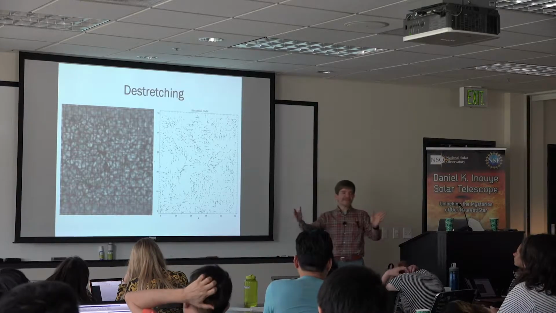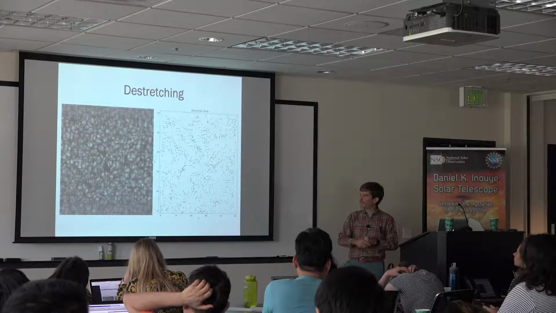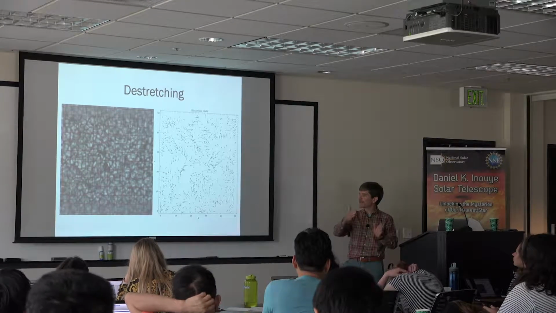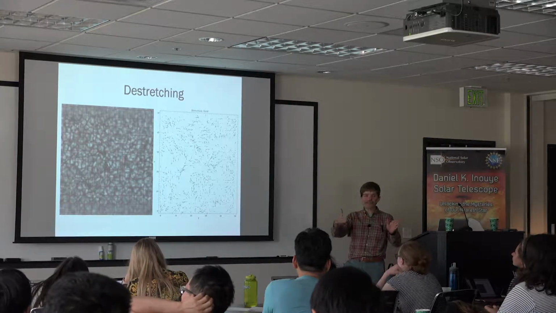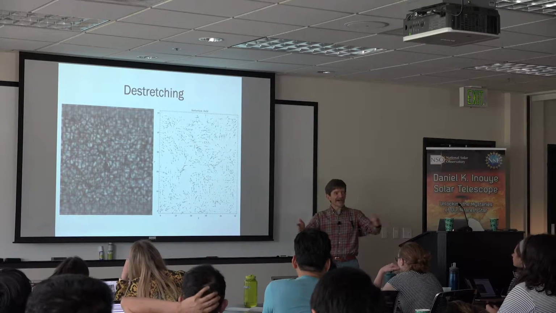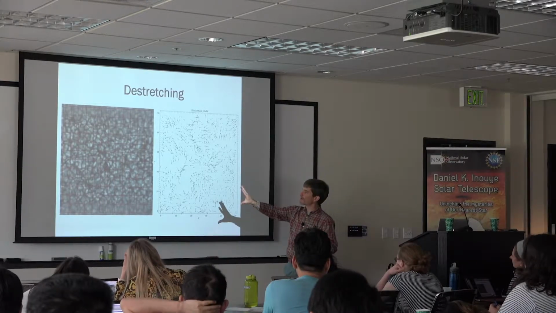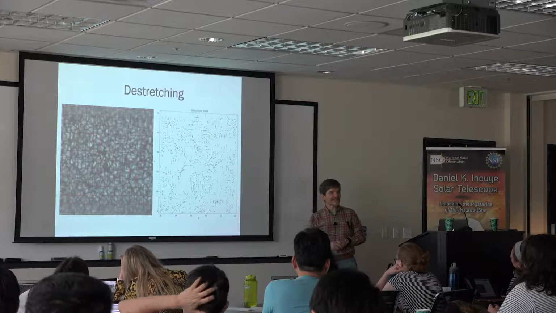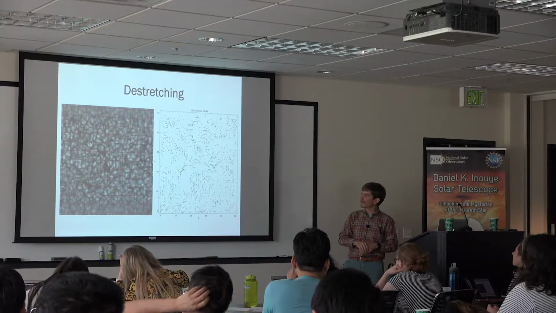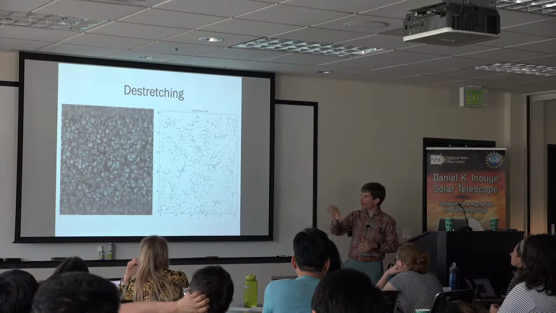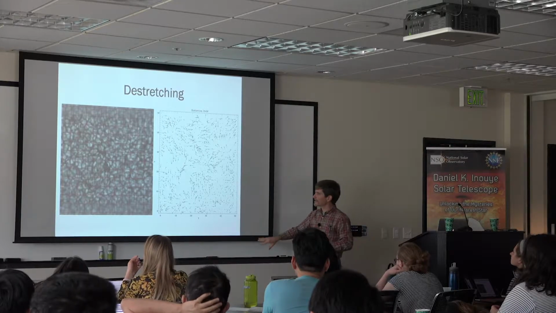We also sometimes use a series of nested boxes and do a sequence going from larger to smaller boxes, so we capture the large motions that are coherent over a larger area, and then once those are taken out, we can more easily find the smaller motions on the smaller boxes.